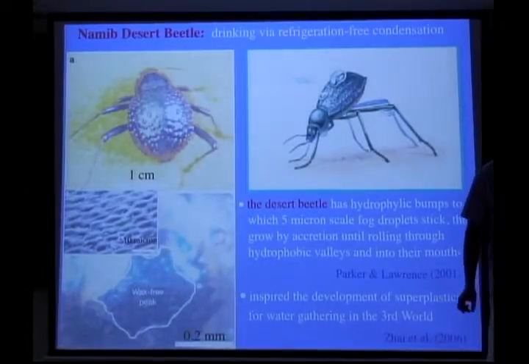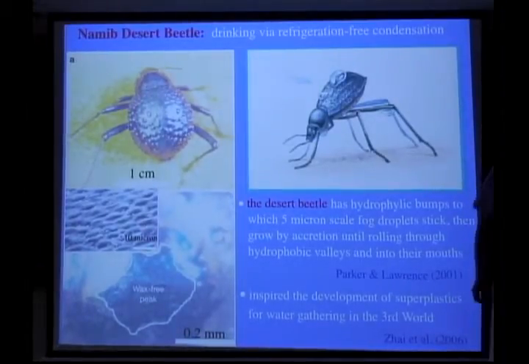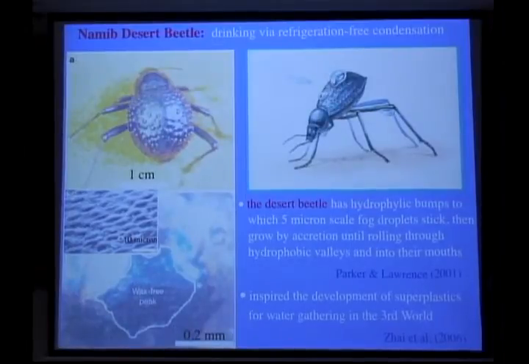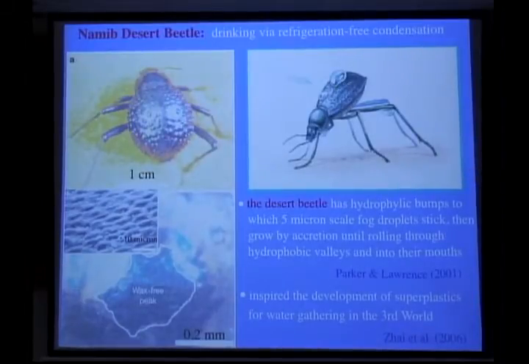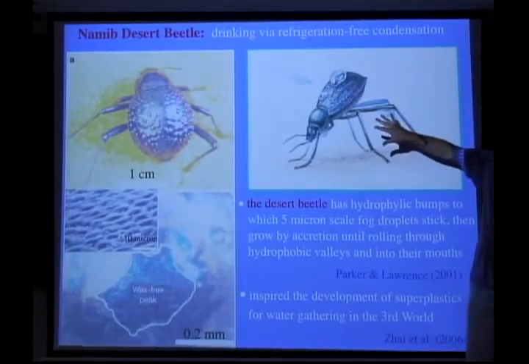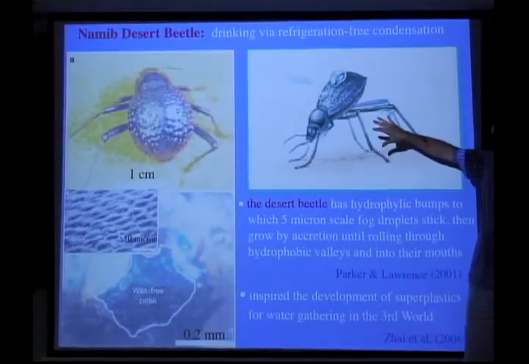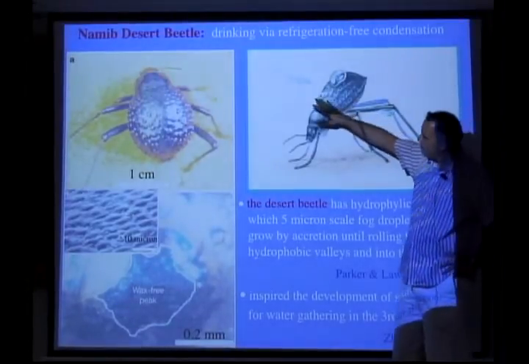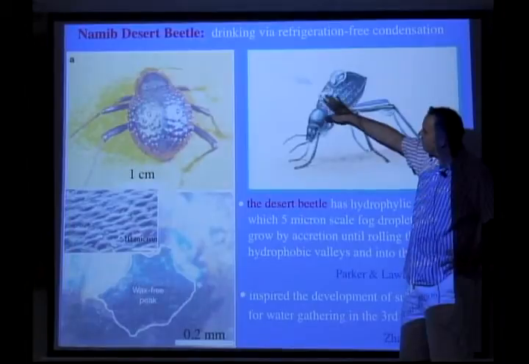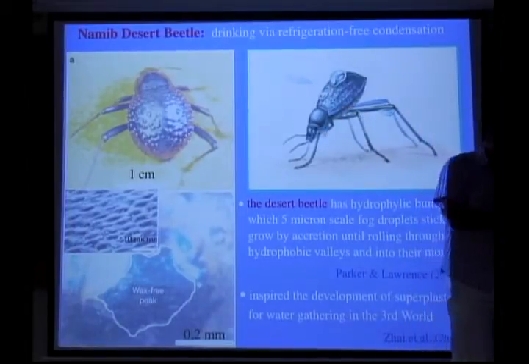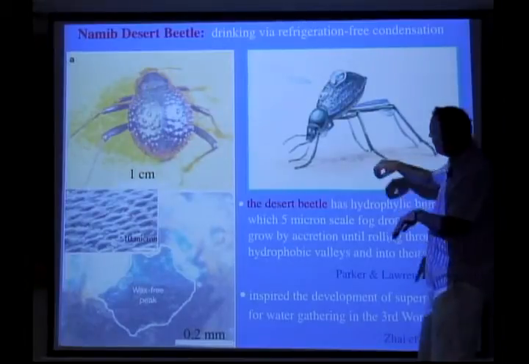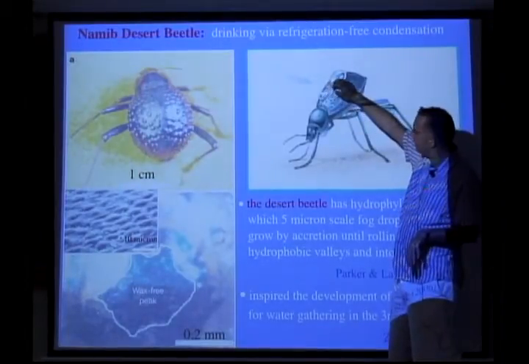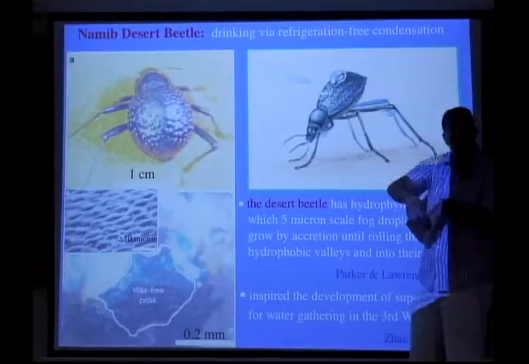Okay, so here's something, our first look here was at something which used contact angle hysteresis. Did I mention this one before? Yeah. So these guys use variable wetting properties to trap water from mist. They have these hydrophilic bumps, which cause the drops to nucleate, and then they grow by accretion until they get large enough to be blown off by the wind.